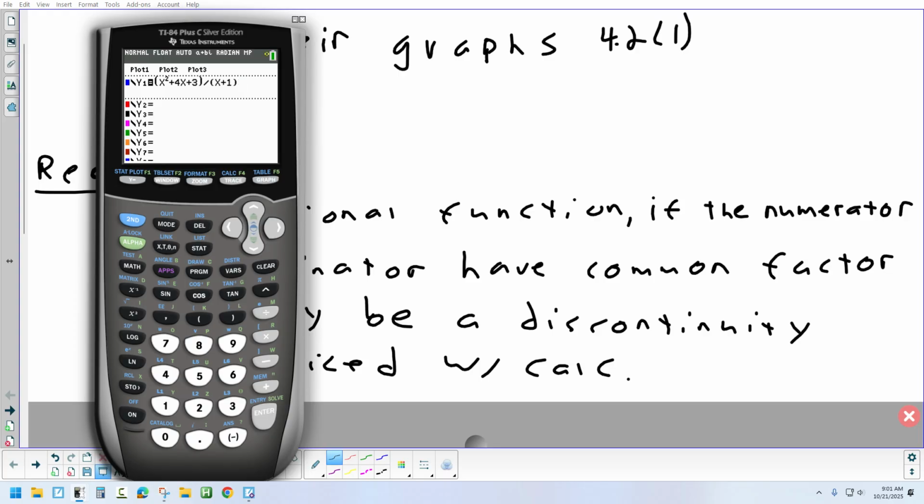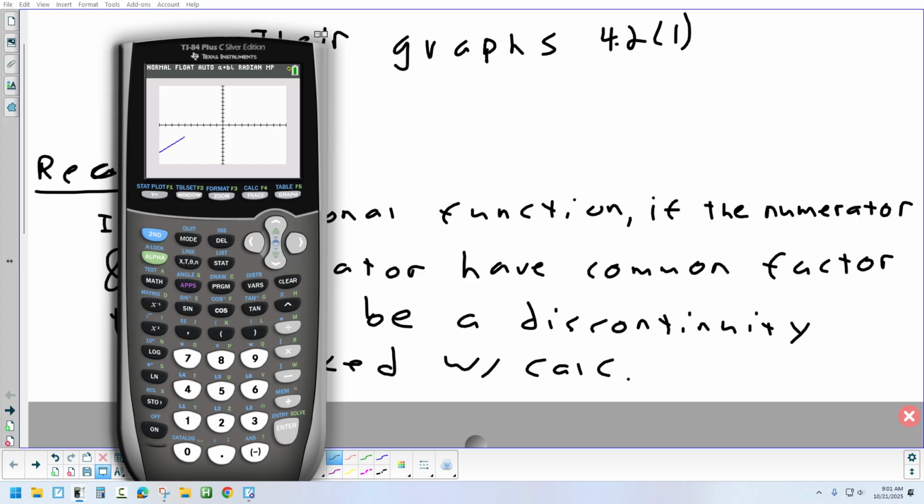So let's graph it, and let's see what happens at -1. We're dividing by 0 like we were in the last one, but this time you can't tell anything. There's no vertical asymptote in this graph. You can go to the table, and you can confirm if you type in -1, it is an error. It's undefined, you can't do it. But you don't get that vertical asymptote where the graph curves up and down very steep.